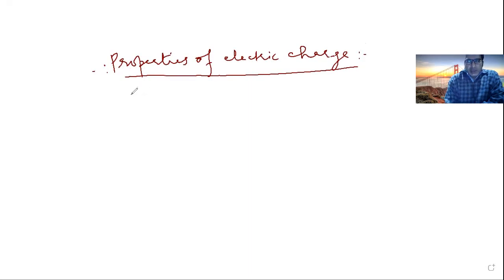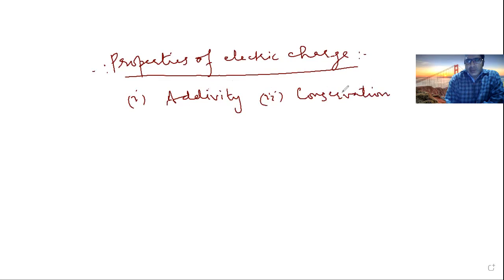So in the last lecture, we talked about the additivity property of electric charge. Second thing, we talked about conservation. We said electric charge is conserved. All reactions conserve electric charge.